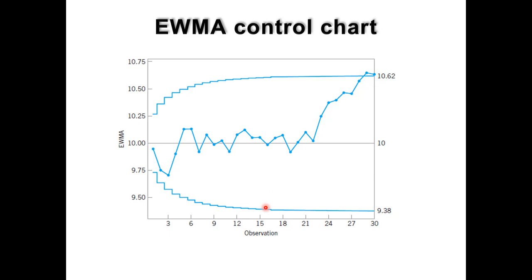The gap between upper and lower control limit keeps widening until a stage where you will see the line start to level off and become a straight line. This straight line is actually the steady state of limits, like we have discussed earlier on.